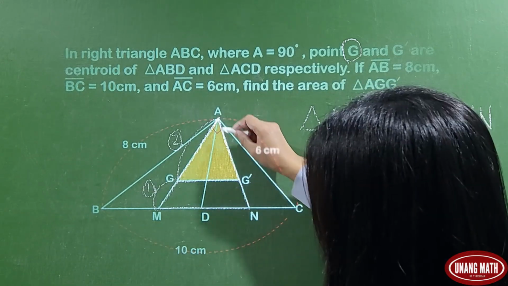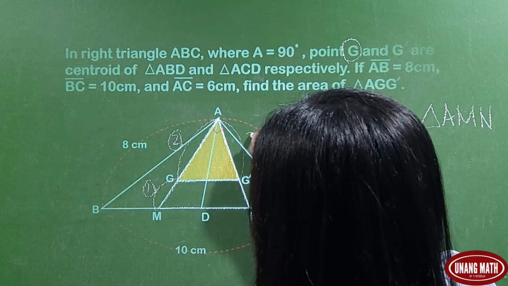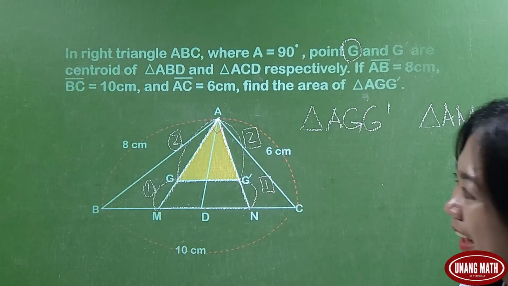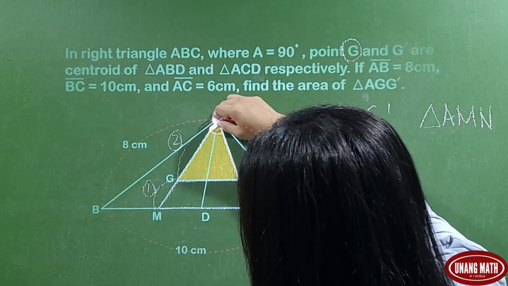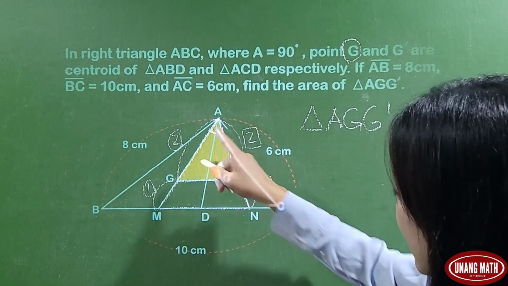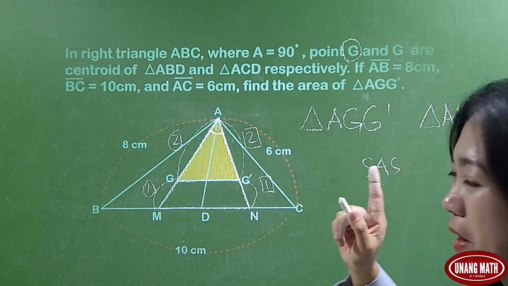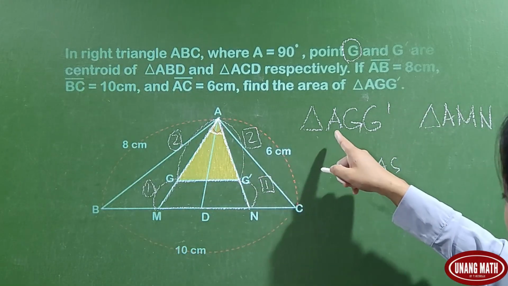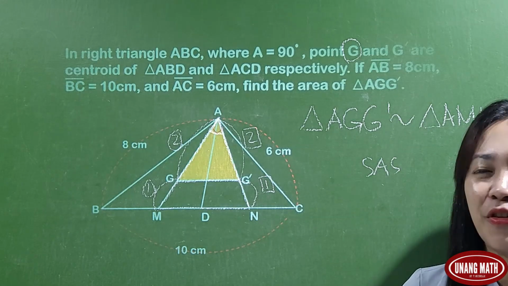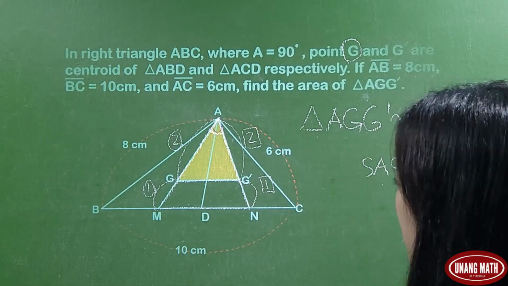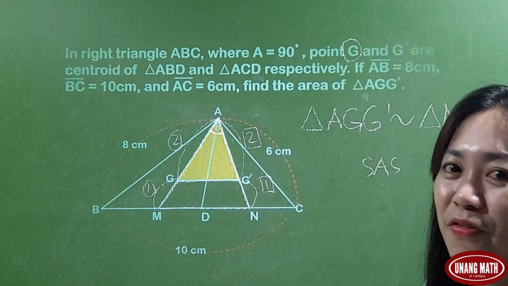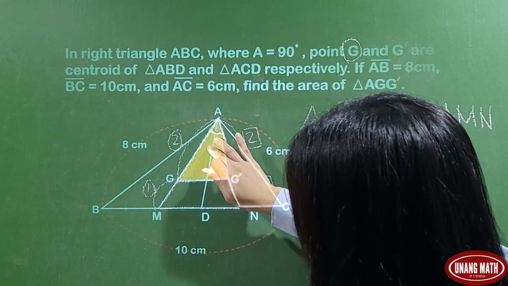Also, segment AN is a median, so this is also in the ratio 2:1. This angle is a common angle for these two triangles. So this is SAS similarity. That's why triangle AGG prime and triangle AMN are similar figures. If these are similar figures, then we can use the ratios in finding the area of this shaded part.